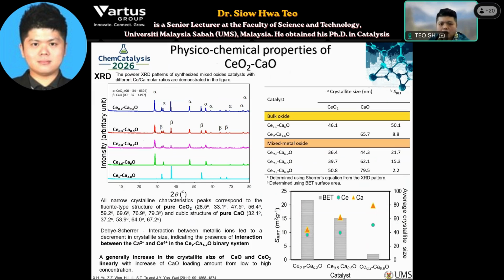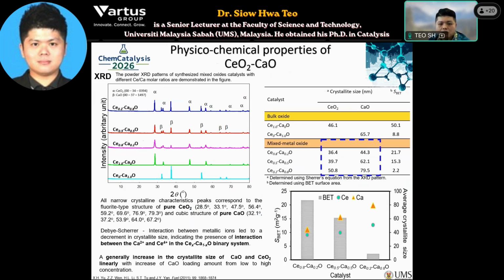An interesting observation is the change in crystallite size with the catalyst composition. The interaction between the cerium and these calcium species influences crystal growth, indicating the formation of a mixed metal oxide system rather than a simple physical mix of the two components.